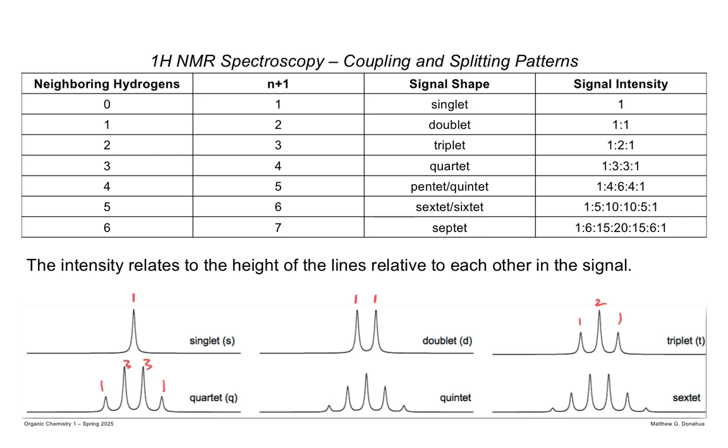Pentet, 1, 4, 6, 4, 1. And sextet, 1, 5, 10, 10, 5, 1. So practically speaking, when you get into the higher ones, the pentet or sextet, those outside peaks, as I said, the intensity is really low. You might not even see them because they're buried in the baseline.